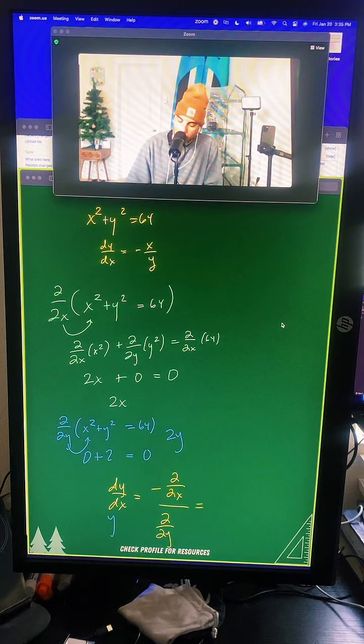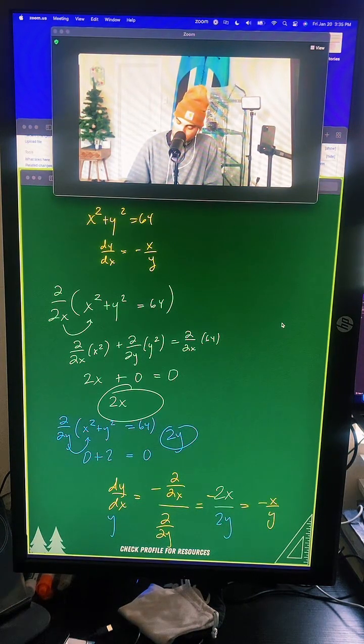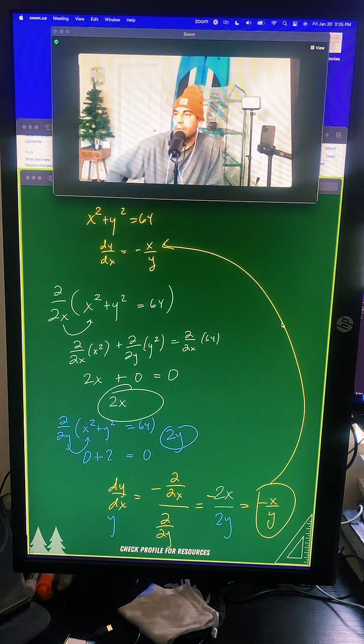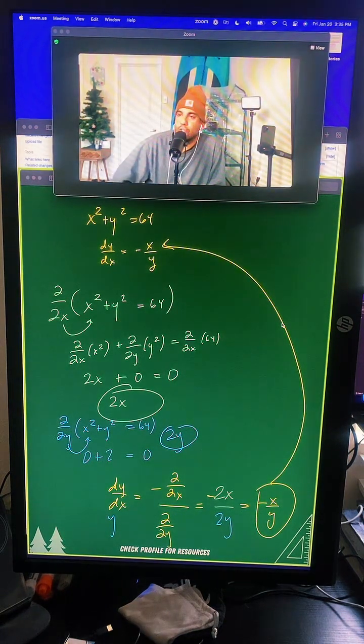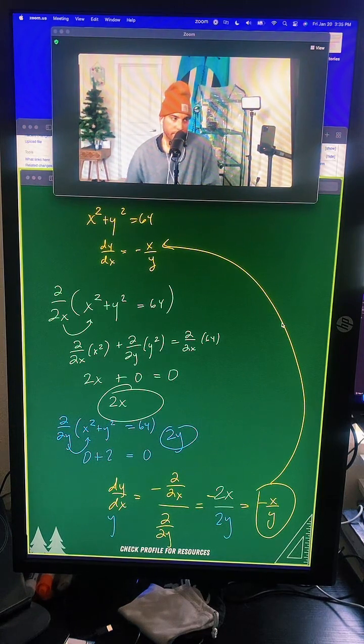We just took those: 2x over 2y, and we had the negative in the front. This cancels out to just negative x over y, which is the exact problem that we had up here. So this is so useful when it comes to taking derivatives. I just wanted to bring that up.